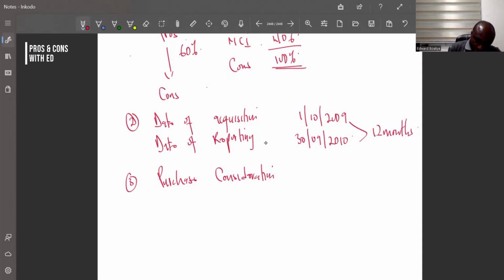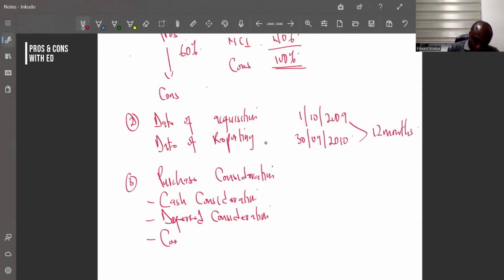So one is cash consideration. Two, we have deferred consideration. Three, we have contingent consideration.